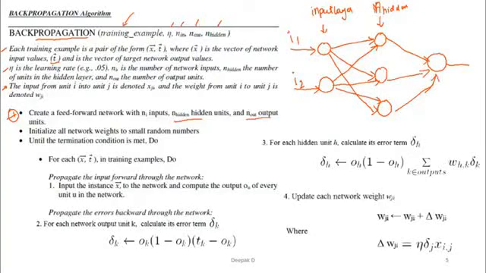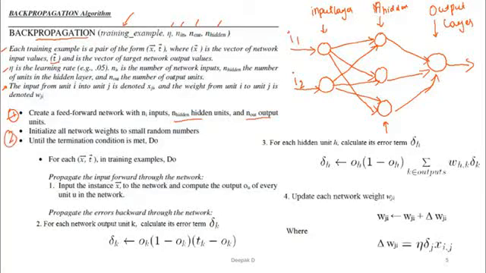Here there are three hidden nodes in the hidden layer and one output node in the output layer. So this is our first step, that is creating a feed-forward network with n inputs, n hidden units and n output units.